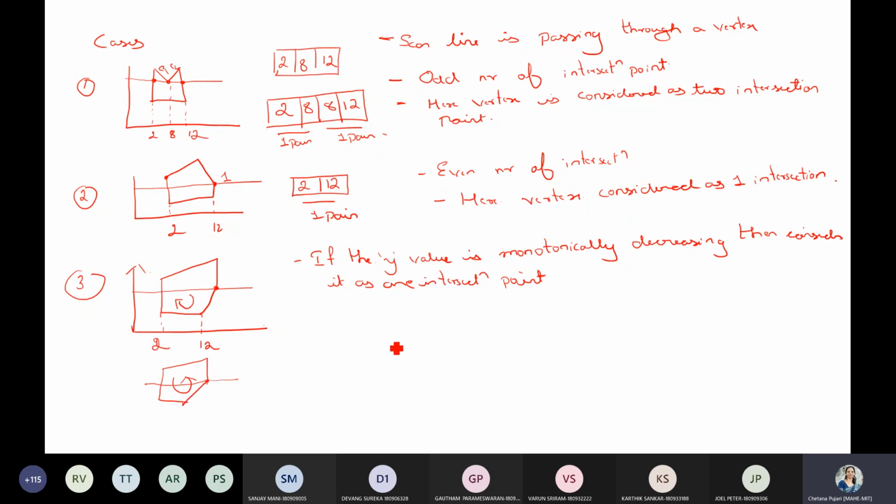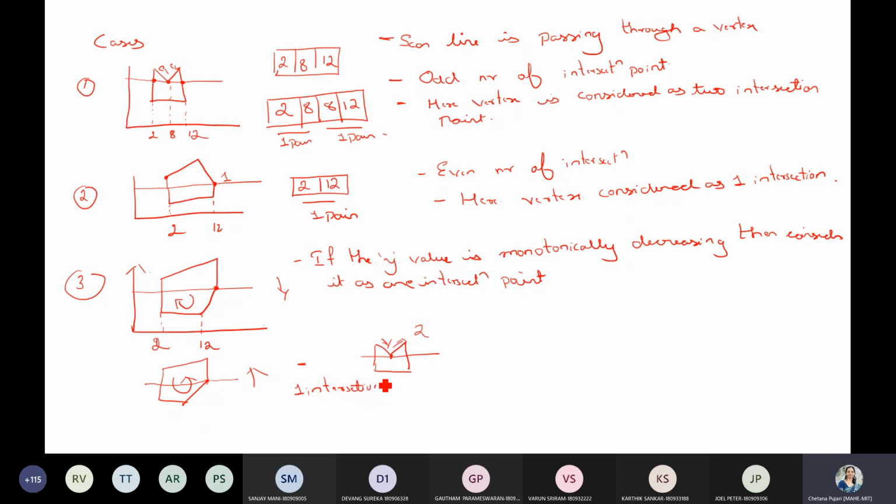If the y value is increasing monotonically in the anti-clockwise direction, there also you consider it as one intersection point. Is it clear? Yes, ma'am. Because when we are going like this, your y value is decreasing and your y value is increasing, right? In this case it is both decreasing and increasing, hence we consider it as two intersection points, whereas here it is either decreasing or increasing, and we consider it as one intersection.